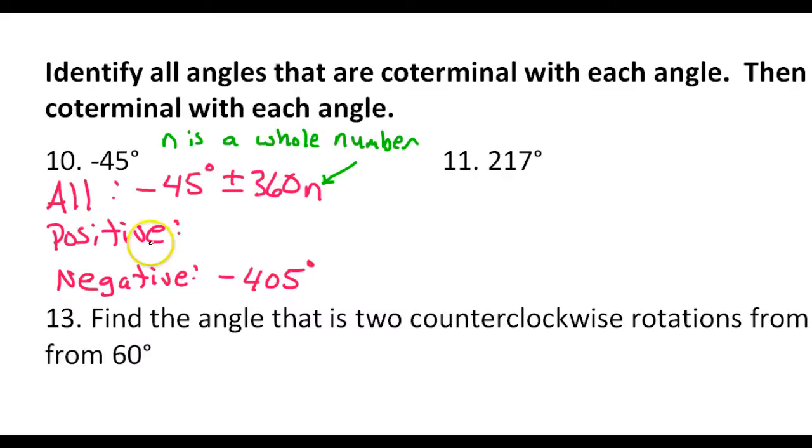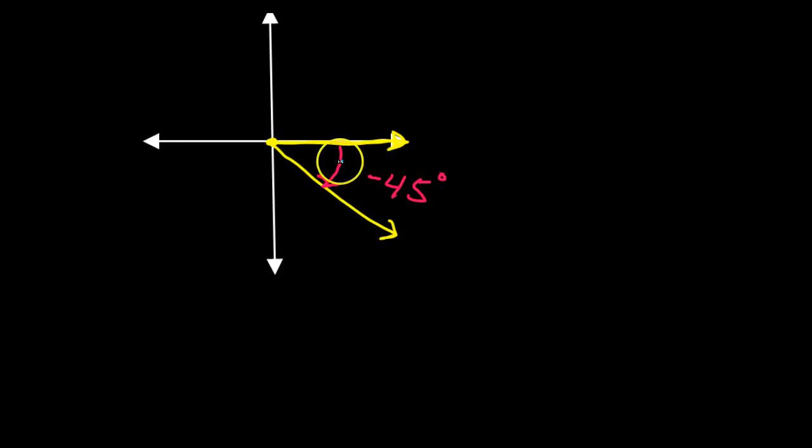Now let's talk about finding a positive coterminal angle. Remember, this is our original angle here at negative 45 degrees. If I want a positive angle that has the same terminal side, then I'm going to have to go around in this direction. This is the positive direction, counterclockwise. So if I came around to right here, that's the angle that I want to talk about. The easiest way to think about it is imagine if I kept going all the way to here.